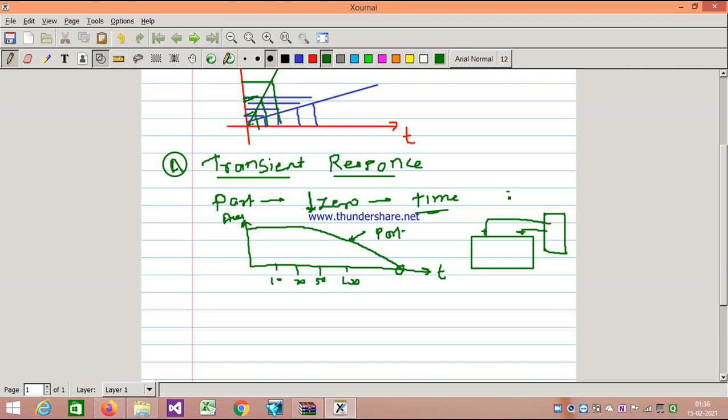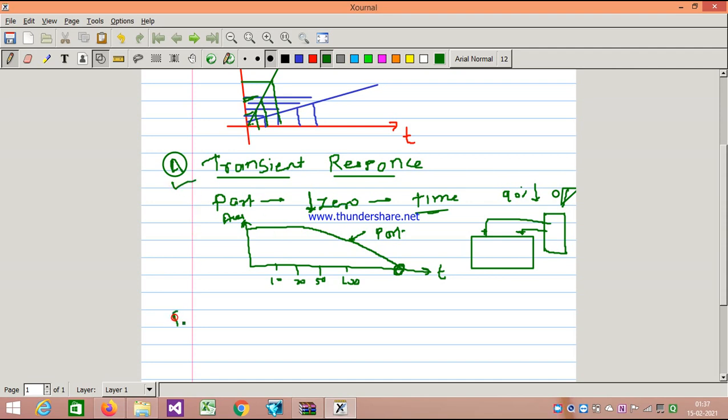If our mobile charge is 90%, it goes on reducing slowly up to zero. After maybe one or two days it becomes 0%. That means the battery is completely discharged, so the battery voltage comes towards zero after a long time. That's why it is called a transient response.